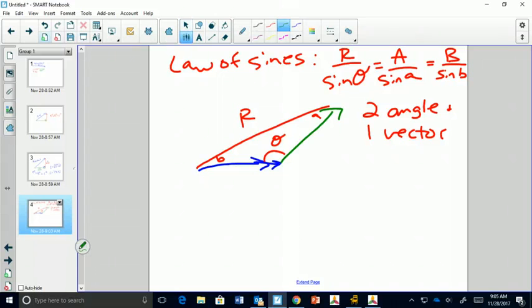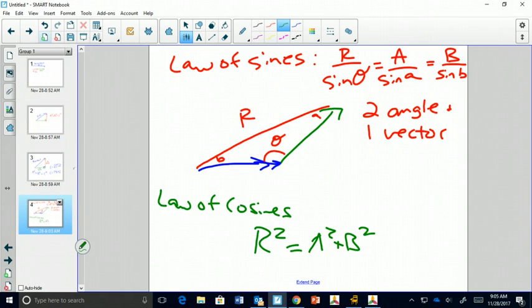What this textbook uses most is the law of cosines. And that formula they give you, again on page 123, is that r squared is equal to a squared plus b squared, just like Pythagoreans, but then you have to subtract 2ab cosine of theta.